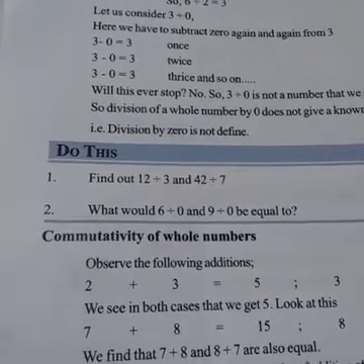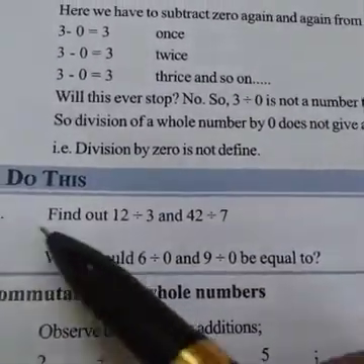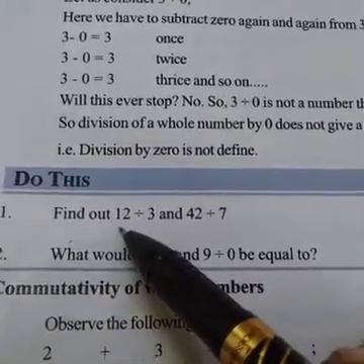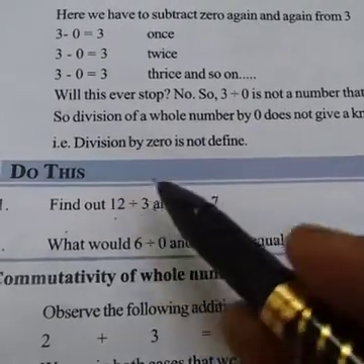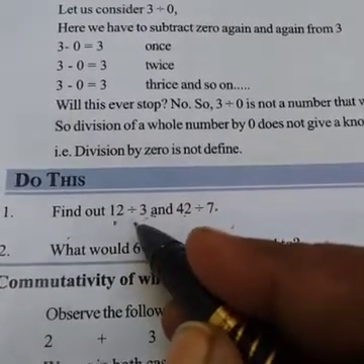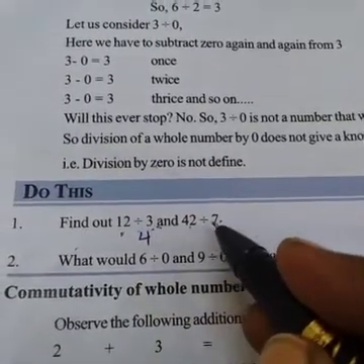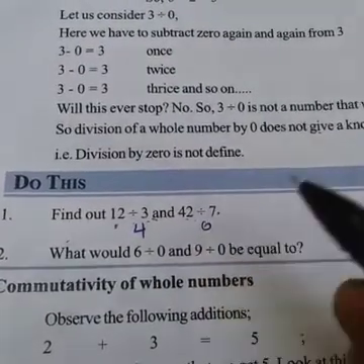Next, everyone open your textbook page number 20. Look here, children. Find 12 divided by 3 and 42 divided by 7. 3 fours are 12, so we get quotient 4, and 7 sixes are 42, so we get quotient 6.